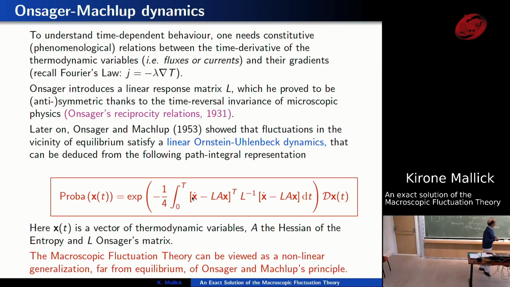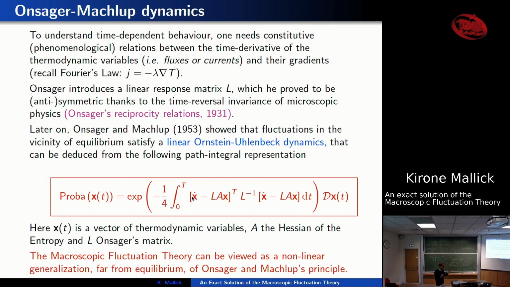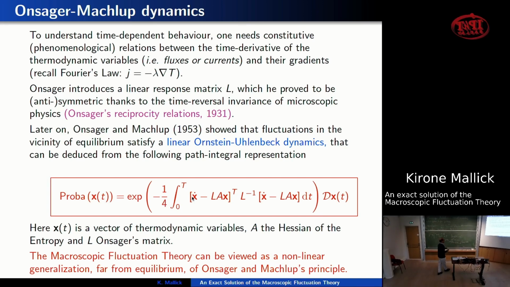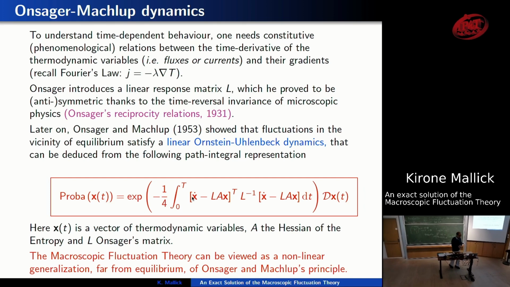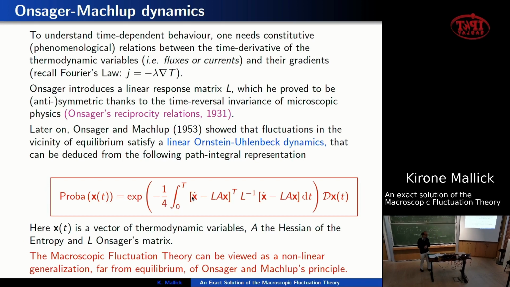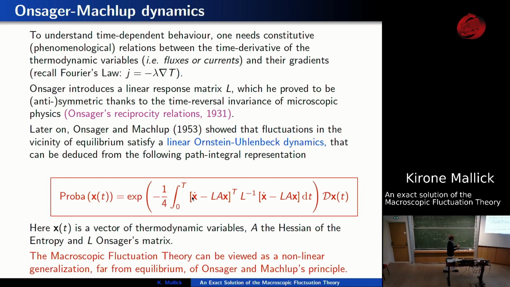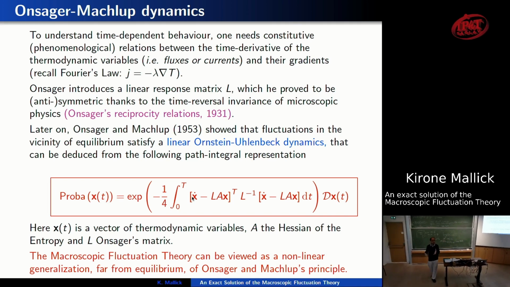And he constructed a response matrix. So you impose to your system some constraints, some gradients. You put a difference of temperature, a difference of pressure, a difference of concentration, a difference of potential, and you have a current which develops, or a few currents that develop in your system. And at the linear level, you can always write that the currents you get are linearly related to the gradients you impose to your system.